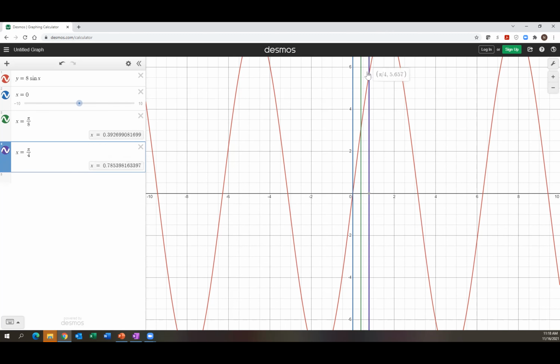And notice that these values here, pi over 4, comma 5.657. We have pi over 8 and 3.061 and 0, 0. So all three of these points correspond to my graph up here, and we can kind of see how this is graphed. So let's go back to our work here.